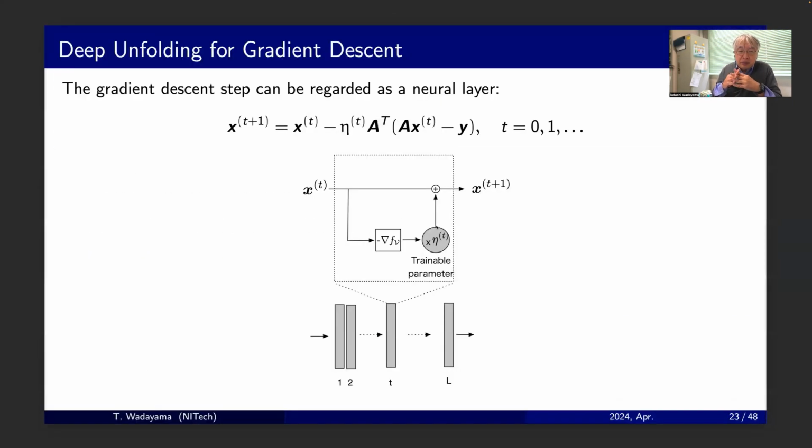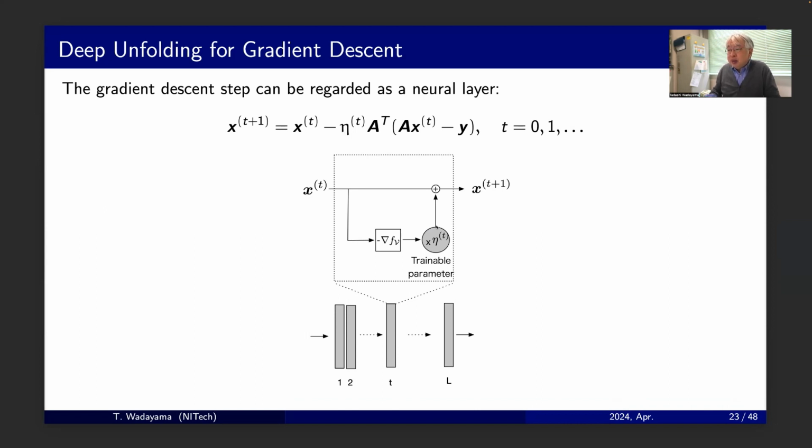So this gradient descent step can be regarded as a neural layer. If the iteration count t goes up to L, we have an L multi-layer network as shown in the figure. So you see, the above equation is the gradient descent step of this problem.